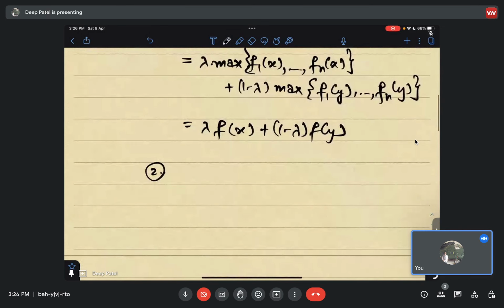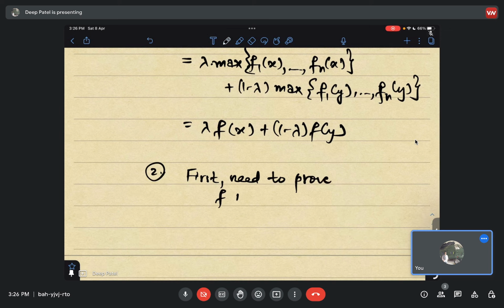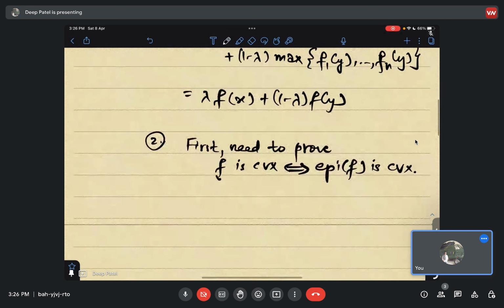The second way of doing it is you'll have to first prove f is convex if and only if the epigraph is convex. We can still go back to the first principles and do it, but this is another way of doing it.